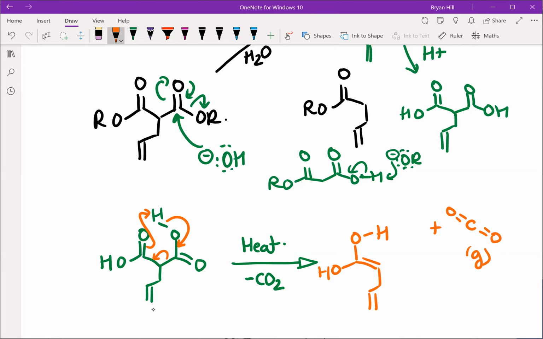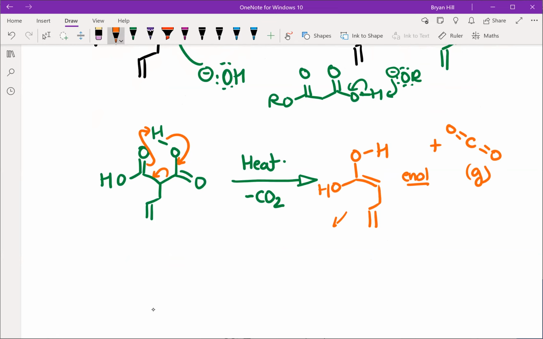So the CO2 gas bubbles away, and we have effectively an enol. And then this will just tautomerize to the acid.